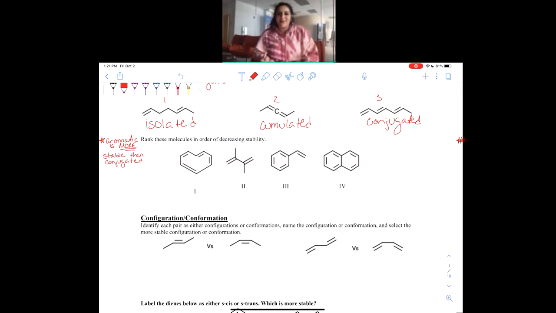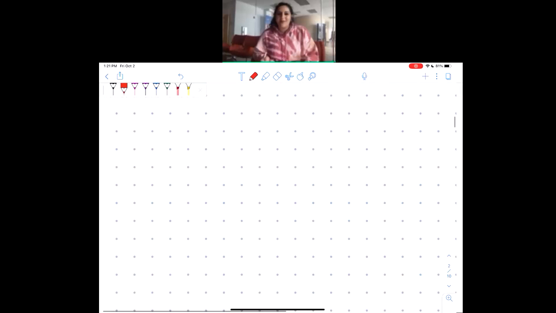And then someone asked about the order of primary, secondary, tertiary, allylic, benzylic. It's not at all like that. So here we're actually just talking about the molecule itself. So if I had this, actually, even better example. I'm going to go back to this blank page.